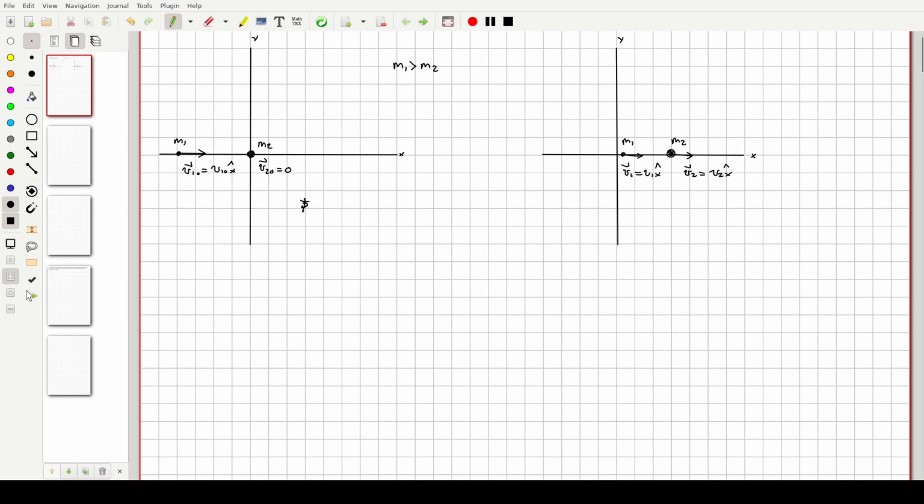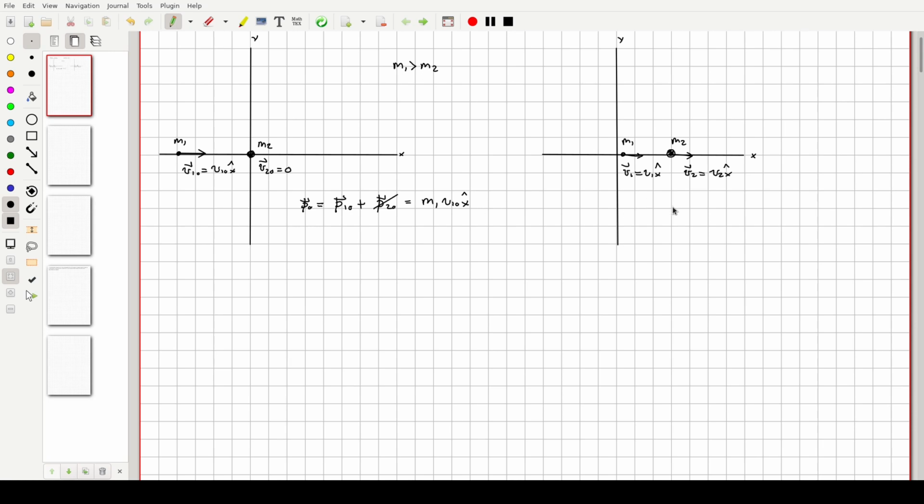So let's just look at our initial momentum. Our initial momentum would be the initial momentum of object 1 plus the initial momentum of object 2. And again, object 2's velocity is 0, which means that momentum is 0. Here, it's going to be m1 v1 naught x hat.